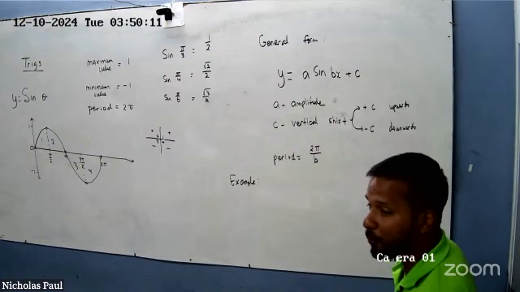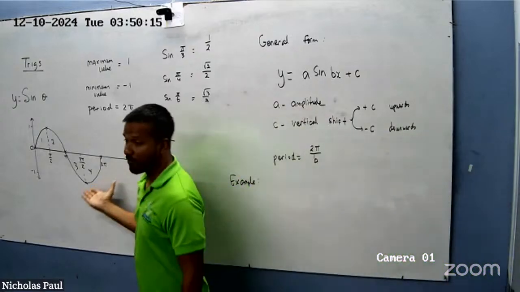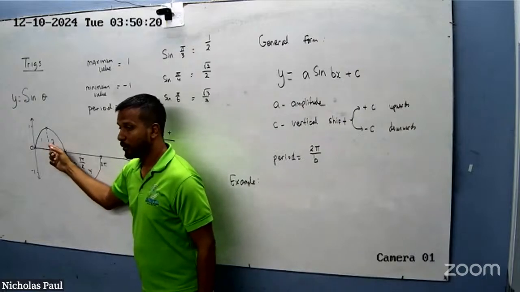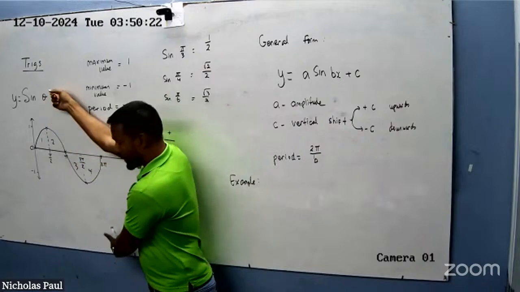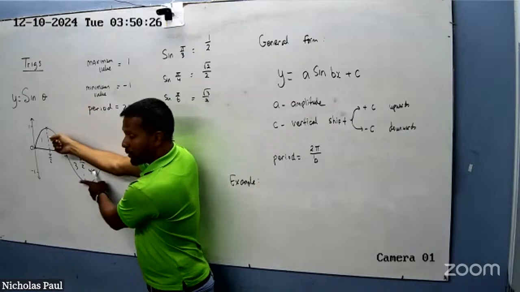So A represents how we stretch it. For example, if A is 1, the graph looks like this. If A is 2, what will happen? It will double, twice as big. If A is a half, it will shrink vertically.